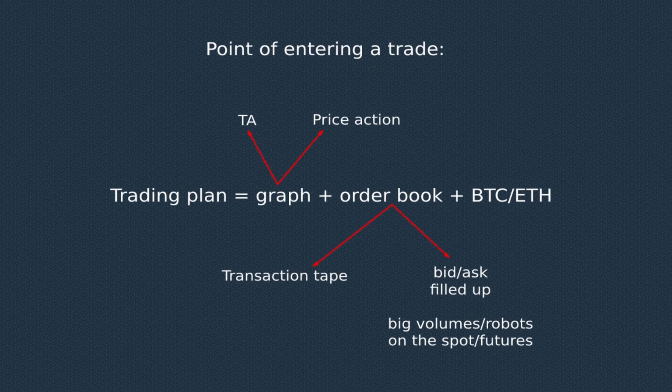Let's take an example. For example, the price is going to a level of resistance very sharply, without any corrections, just a powerful impulse.